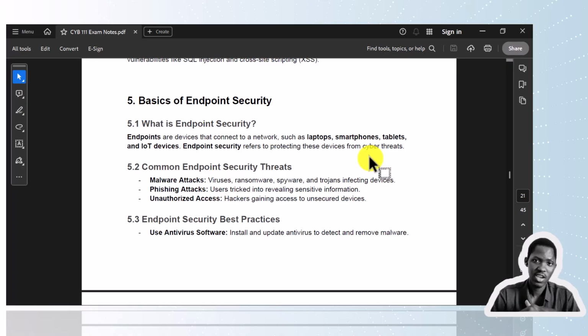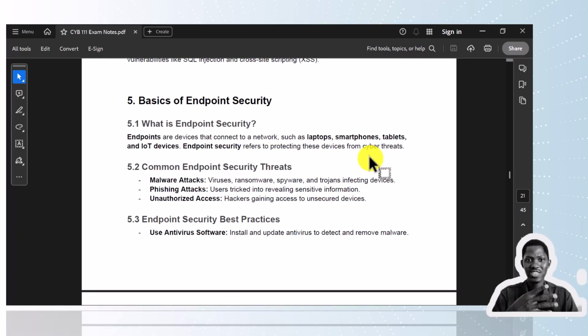So, what is the formal definition? Endpoint devices are devices that connect to a network, such as laptops, smartphones, tablets, and IoT devices.